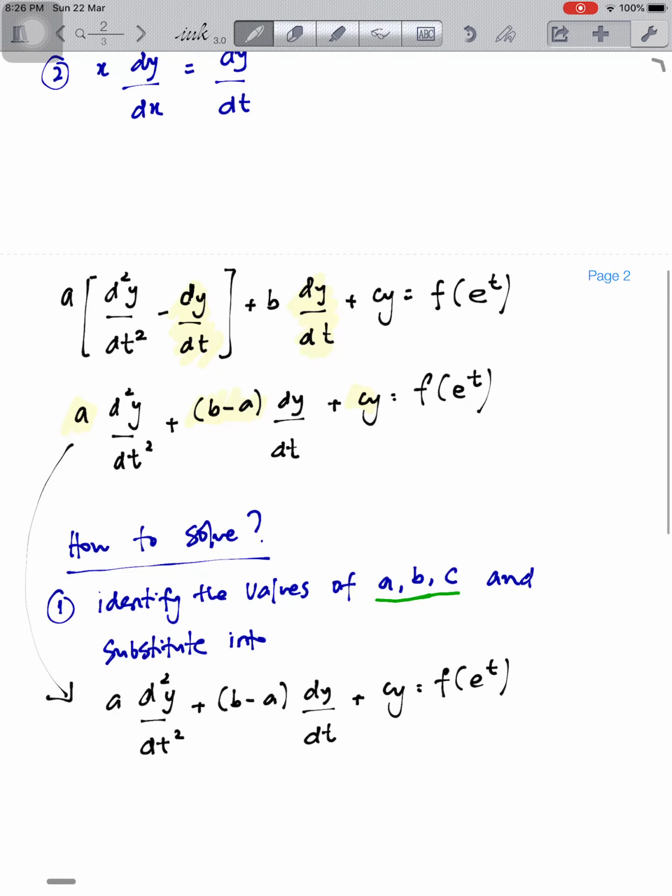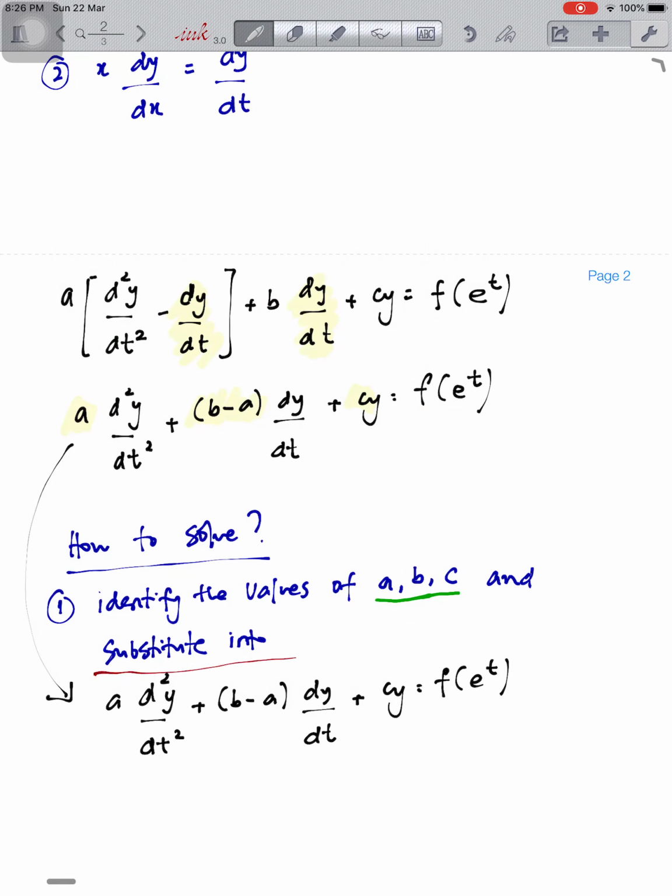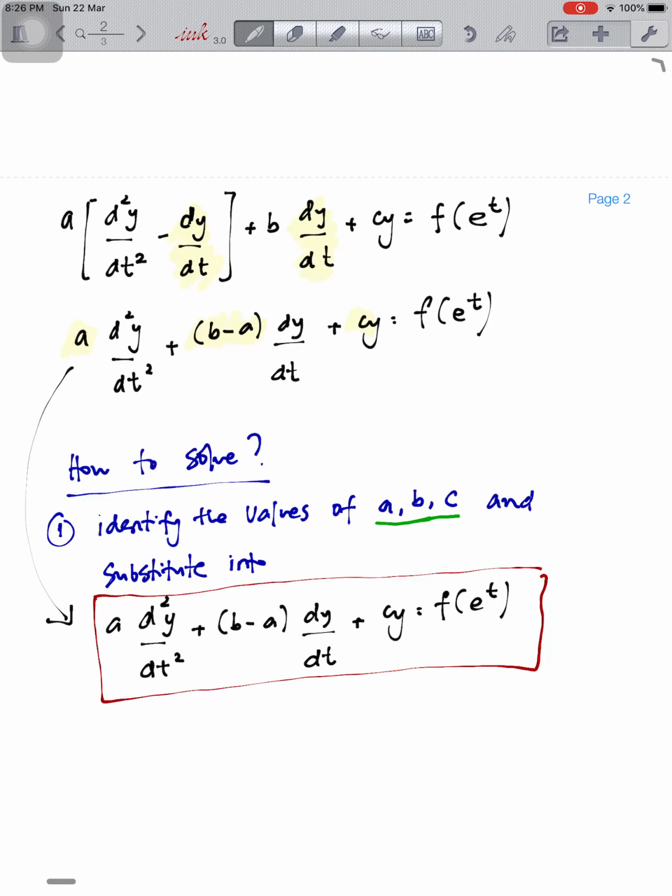And don't worry, you actually don't have to memorize this formula right here. This formula is provided in the appendix section for the final exam. So you don't have to memorize that. All you have to do is know how to identify the values of a, b, and c, and just plug into the formula.